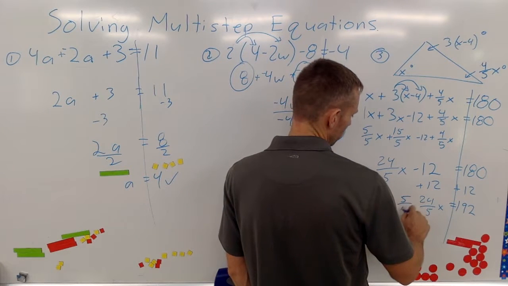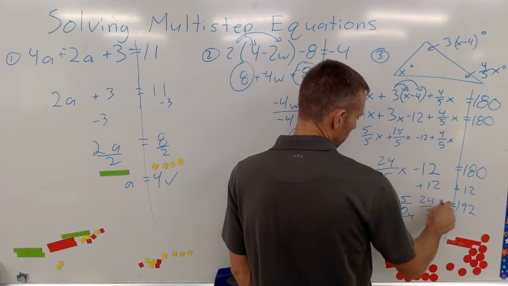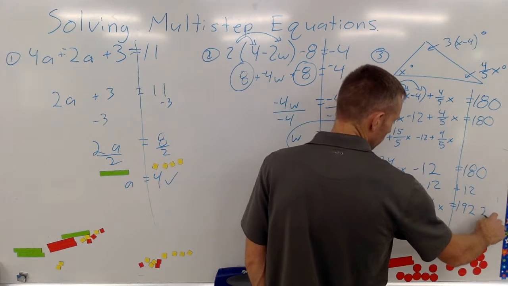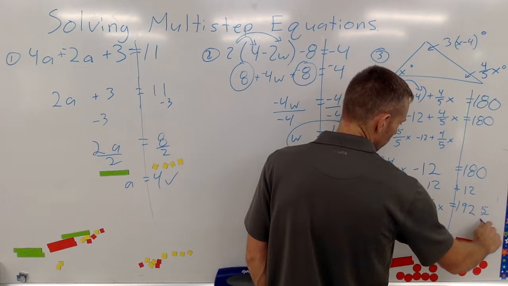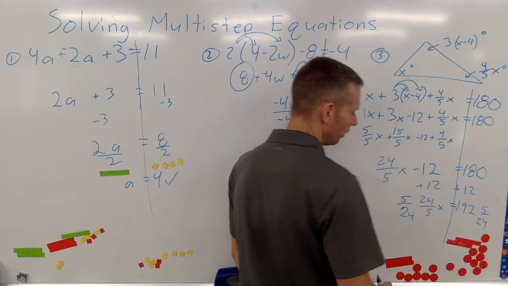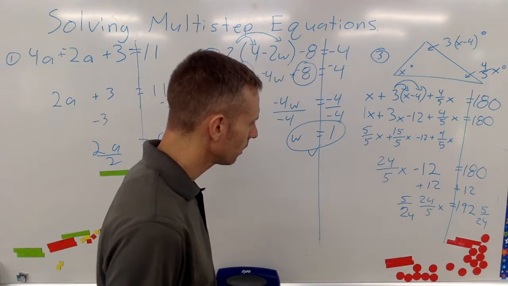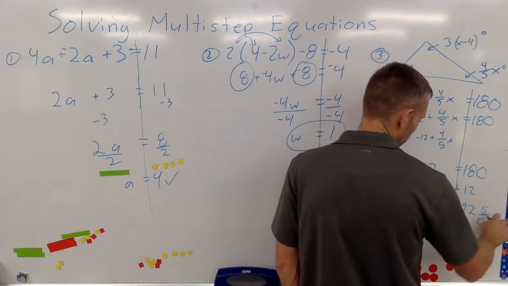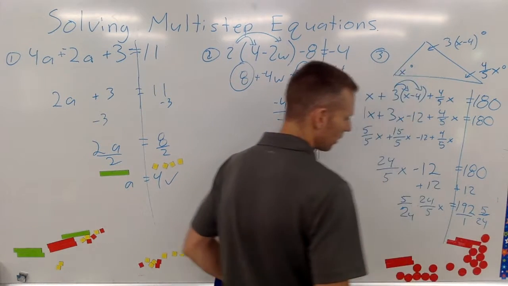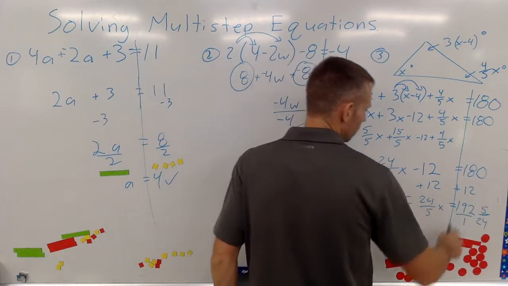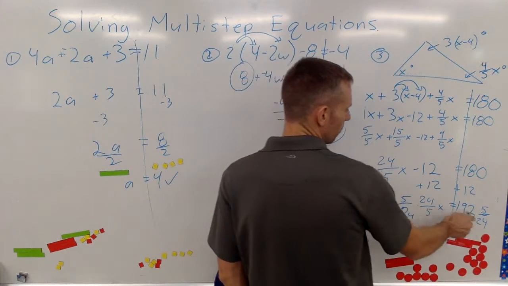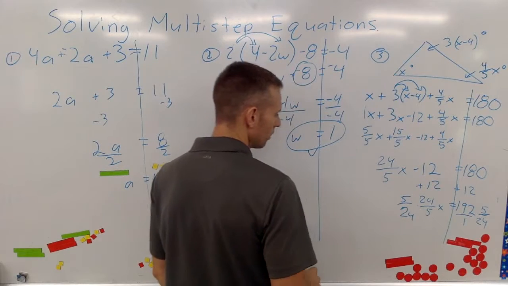I can multiply it by the reciprocal, and those will end up canceling each other out. Now I need to multiply this side by 5 over 24. Okay, now that's not easy, 5 over 24. So instead of doing 192 times 5 and trying to divide that by 24, do you remember that we can cancel these things out some kind of way?